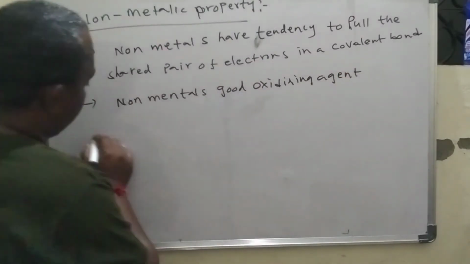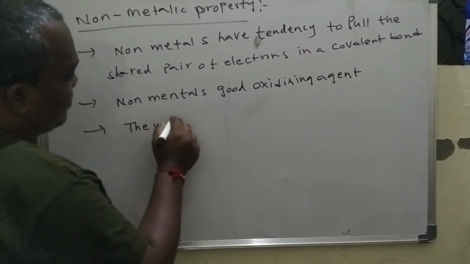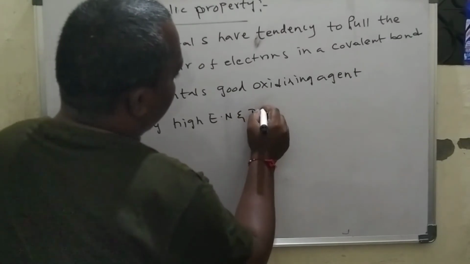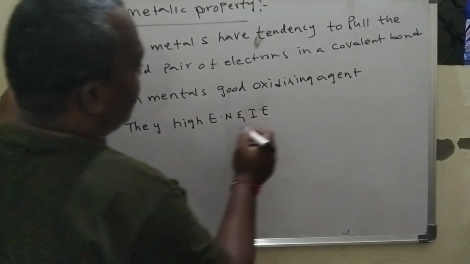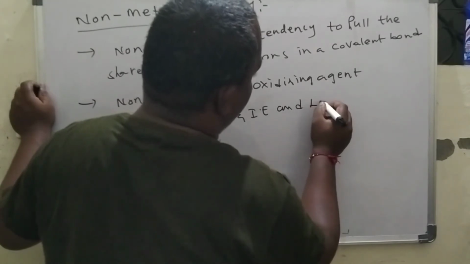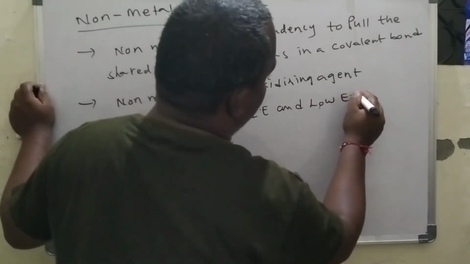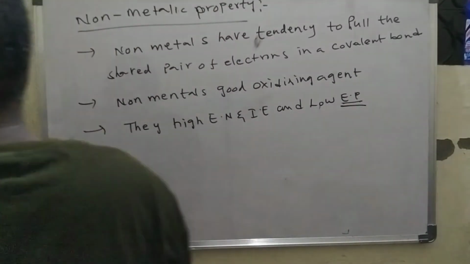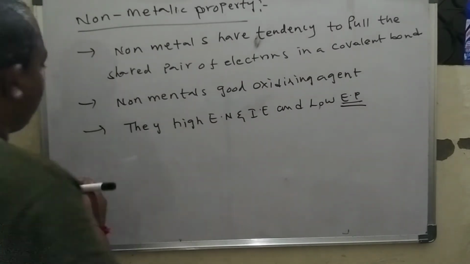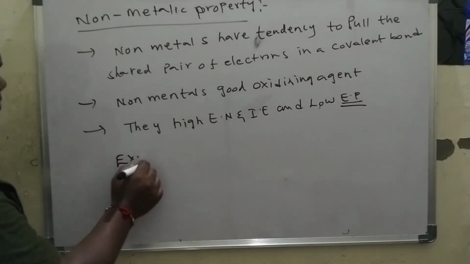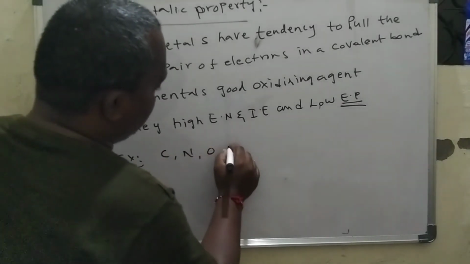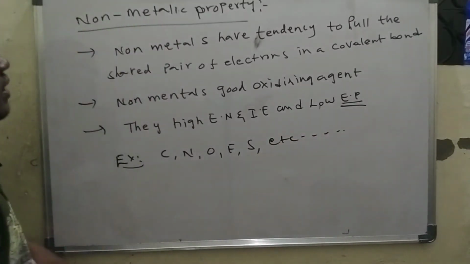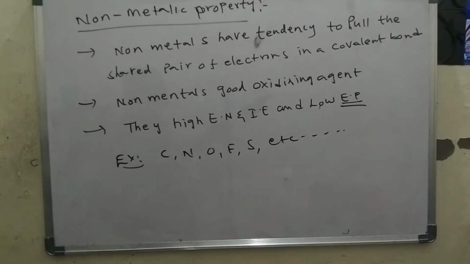Okay, and they have high electronegativity values, high ionization energy and low electropositivity values. Then if we consider examples: carbon, nitrogen, oxygen, fluorine, sulfur, etc. So these are the non-metallic properties.